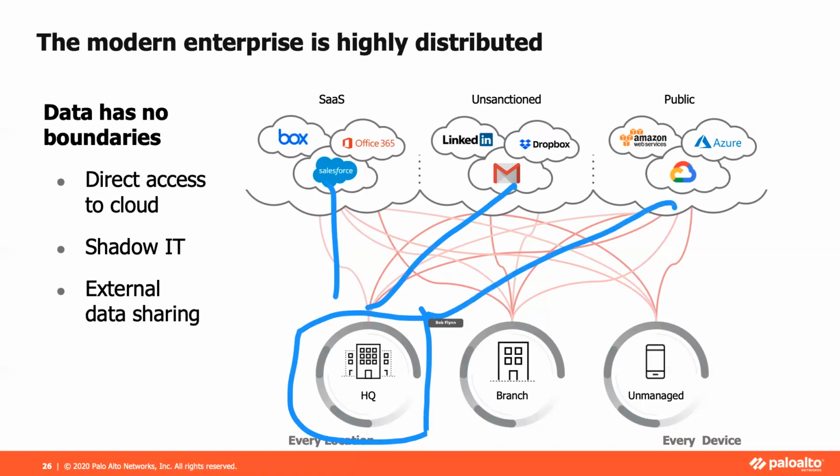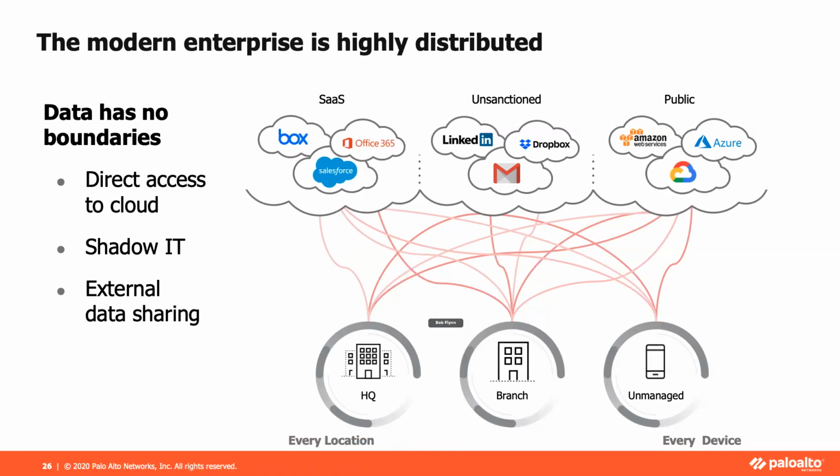It's all over the place. It's dispersed all over the place. Sanctioned and unsanctioned areas, sanctioned and unsanctioned applications, public cloud, all that sort of stuff. People sharing information, maybe information they should or shouldn't, having bad security settings for all of that.